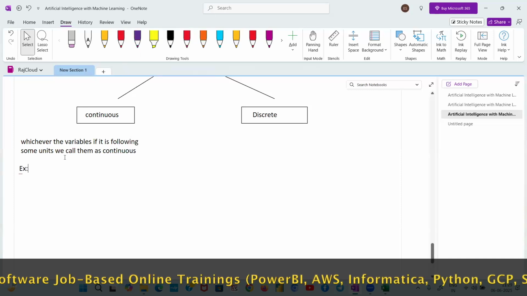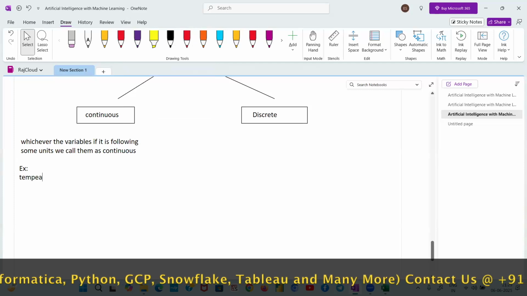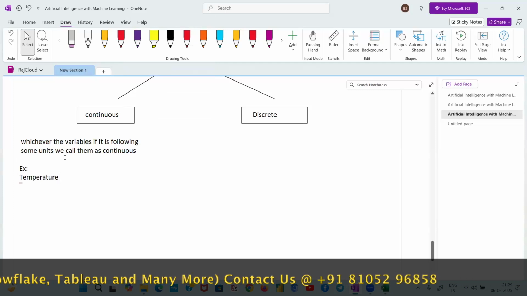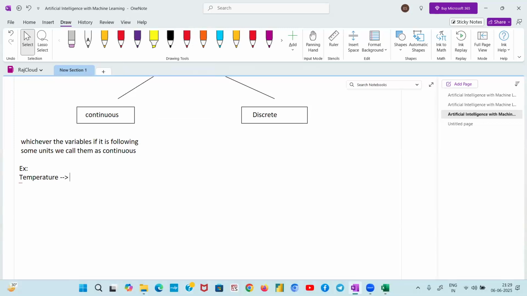Example, temperature. Weight, how he expresses it in kgs.